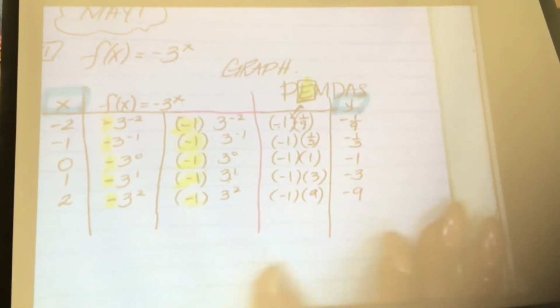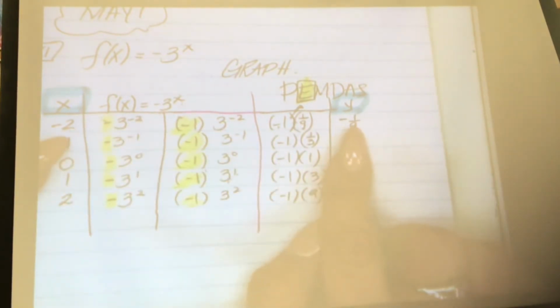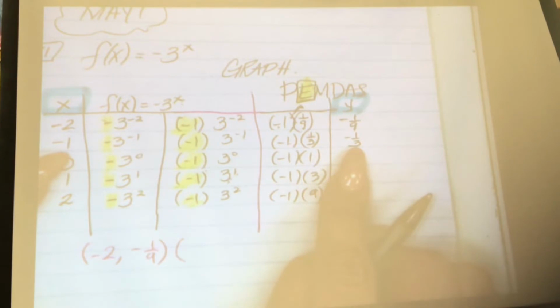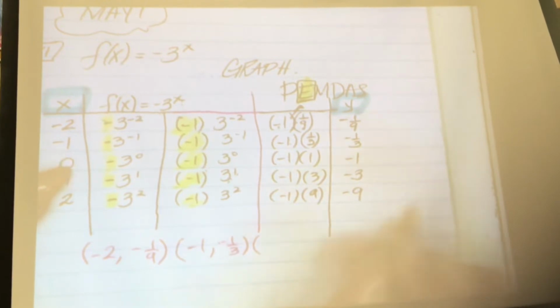Isaiah, what is my first point that I'm going to graph? -2 goes with? Yep. So we're going to graph -2, comma, -1/9. Jameson, what's the next point? It's -1 and then -1/2. Thank you so much. Moses, what's the next one? 0, what am I going to graph?